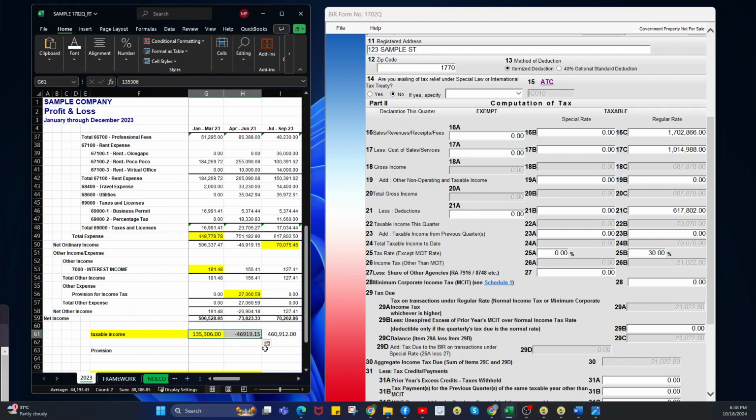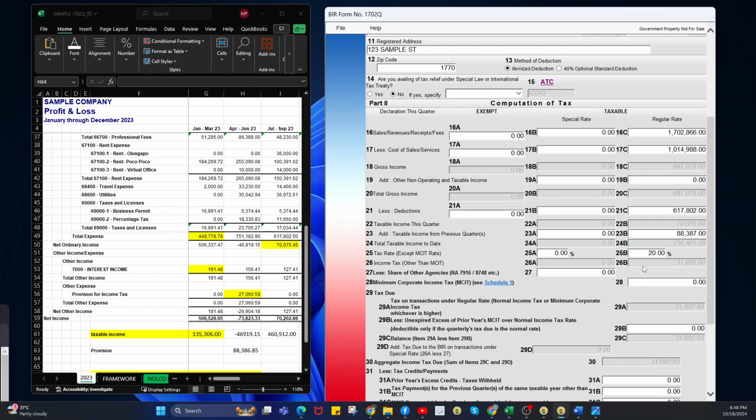Pag in-add up natin siya, 88,386. Taxable income, previous quarters, 88,386.85. Tanggalin na nga natin itong 85 na to. 387 lang natin siya. Okay? Yan. Tapos, ang tax rate na gagamitin natin is 20%. Okay?